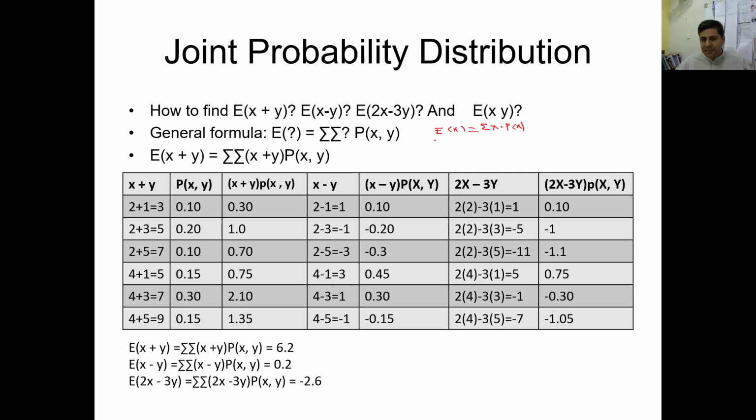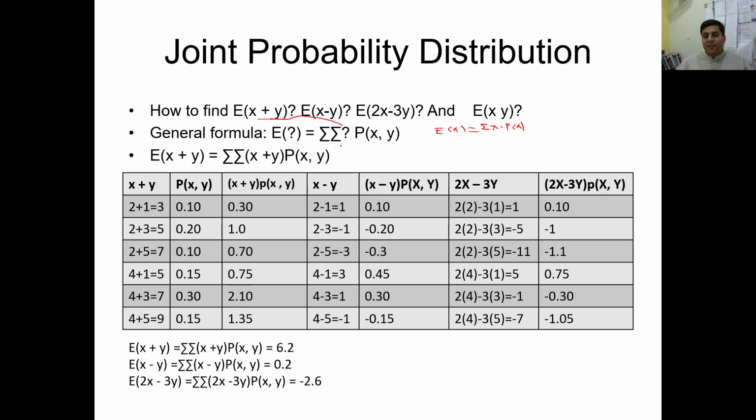So in the joint probability distribution, it will be the summation for x and summation for y of the value x plus y, because we are taking this value, into P(x, y).